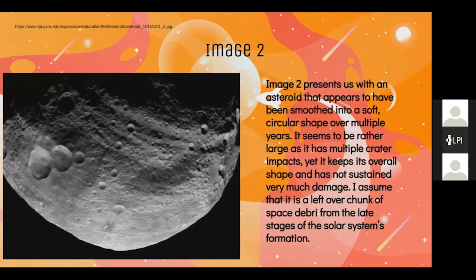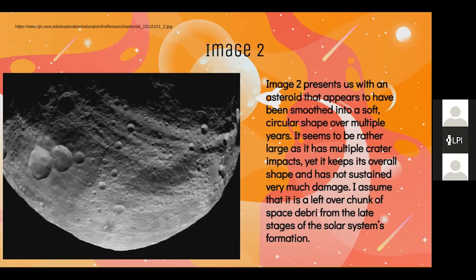And then in image 2, the image that is shown to us appears to be more smoothed out than any other crater. There's no definite rock sticking out like the image before.